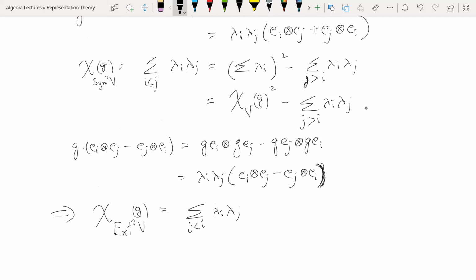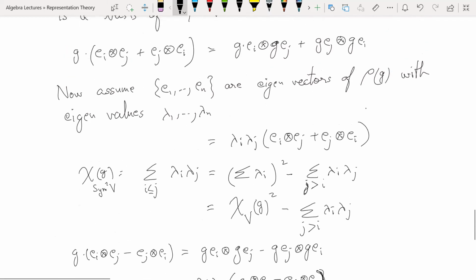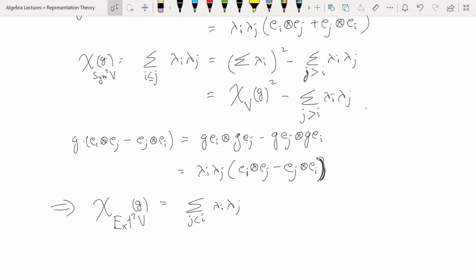So we got that chi of wedge square at g is precisely this: if lambda are the eigenvalues of the G action on V, then this is what you get. Okay, so somehow I thought one could give a formula of chi of Sym square V in terms of just chi of V, but that doesn't seem to be coming out.